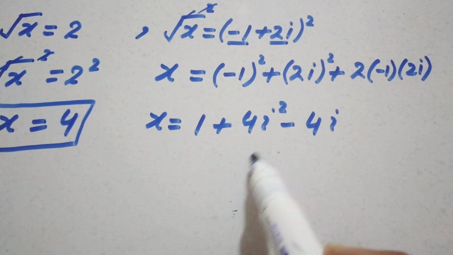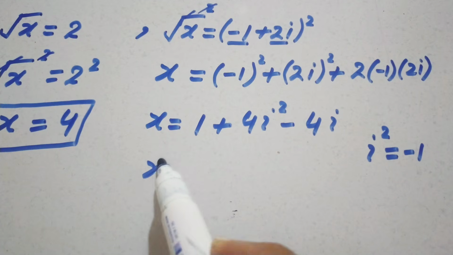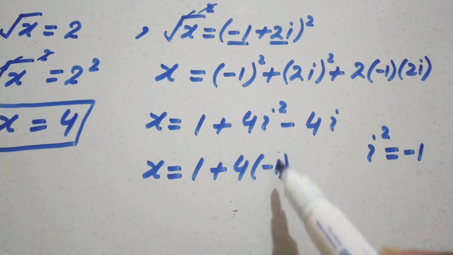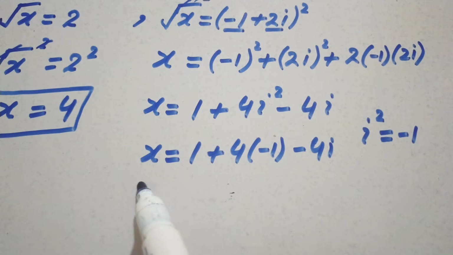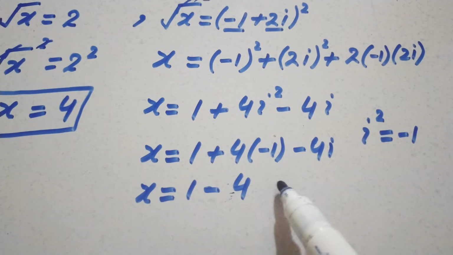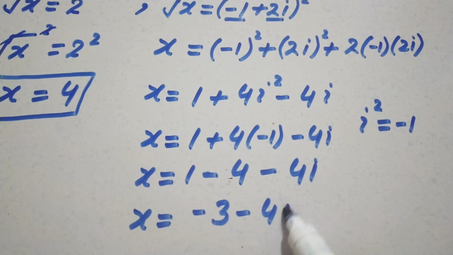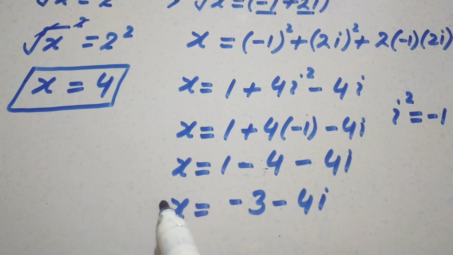And now we know that iota squared is equal to minus 1. So here x is equal to 1 plus 4 into minus 1 in the place of iota squared, minus 4i. So x is equal to 1 minus 4, which is minus 3 minus 4i. So this is the second value of x.